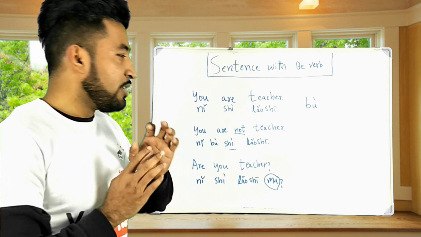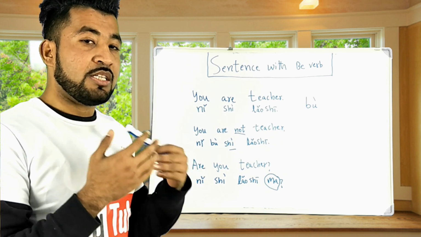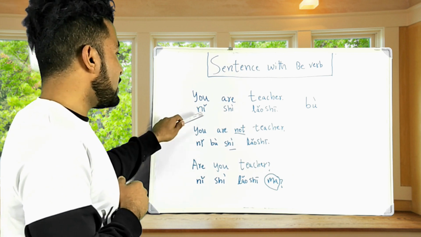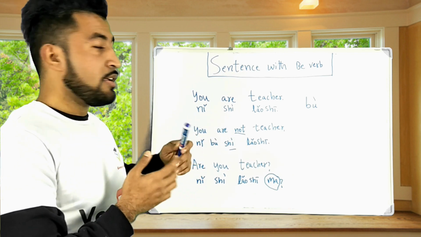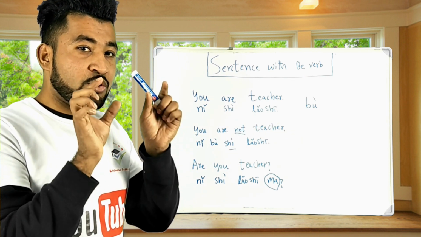And one thing you need to know: if we speak with anyone in Chinese, we don't need to speak each and every word separately, like 你是老师. No, our speech shouldn't be so slow.